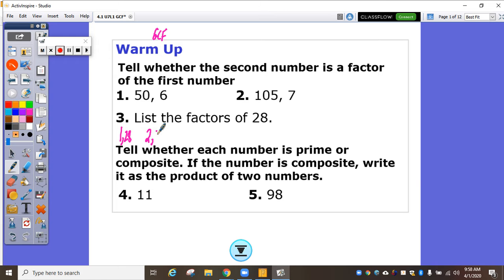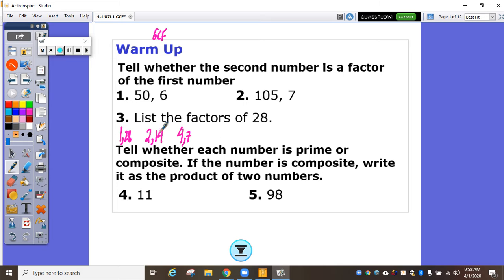Well, 2 and 14 go into 28. 3 does not go into 28. 4 goes into 28 7 times. 5 does not go into 28. 6 does not go into 28. 7 does, but we've already counted this.